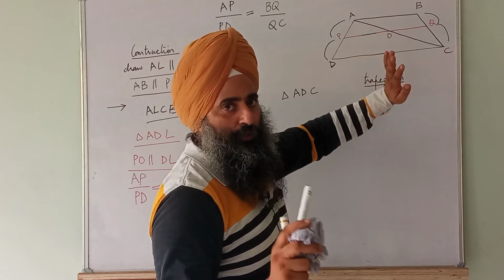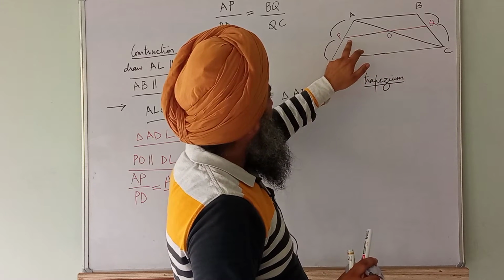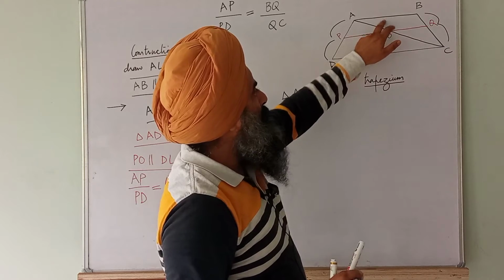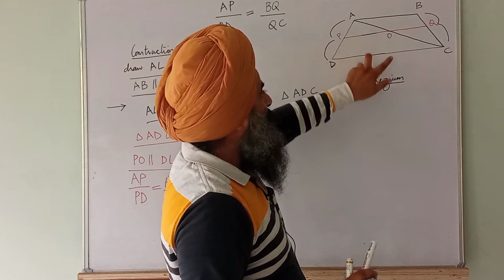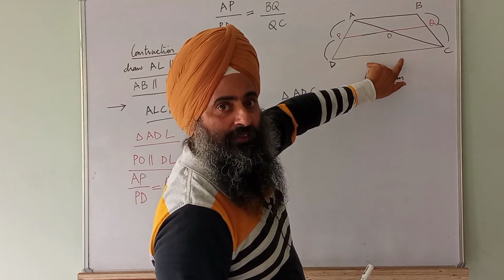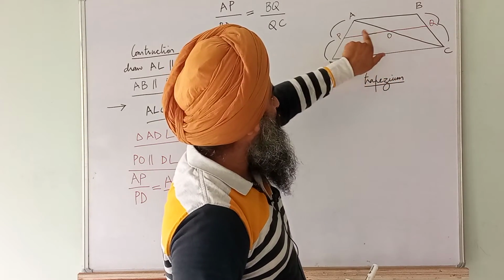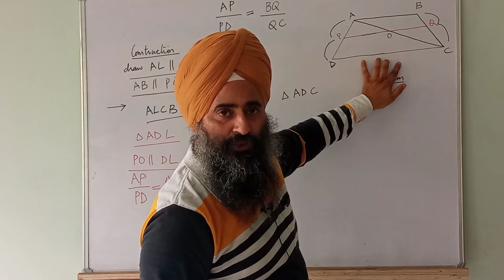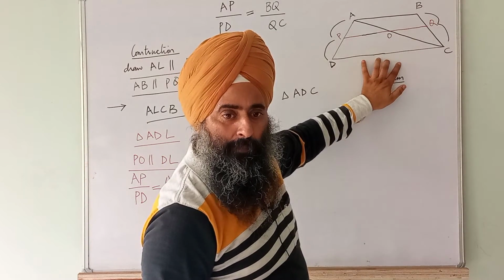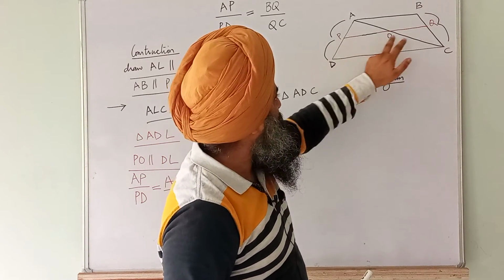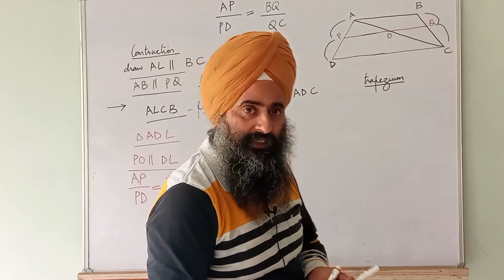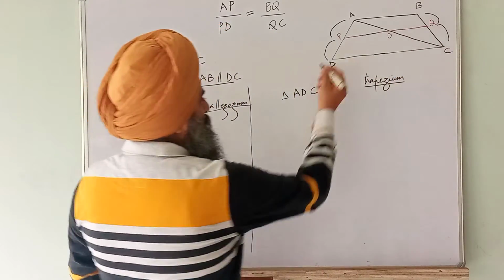That you already did. So PO is part of PQ, and PO will be parallel to DC.